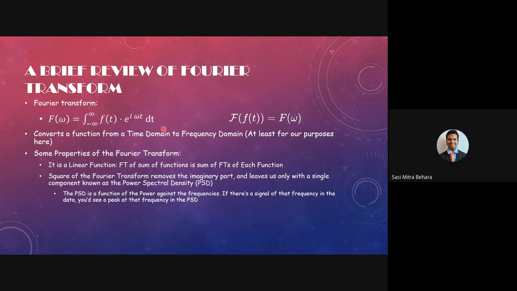That's where we square the Fourier transform, and we get the power spectral density. The PSD is just a function of the power against the frequencies. So if there's a signal of a particular frequency in the data, you would expect to see a peak at that specific frequency in the power spectral density.